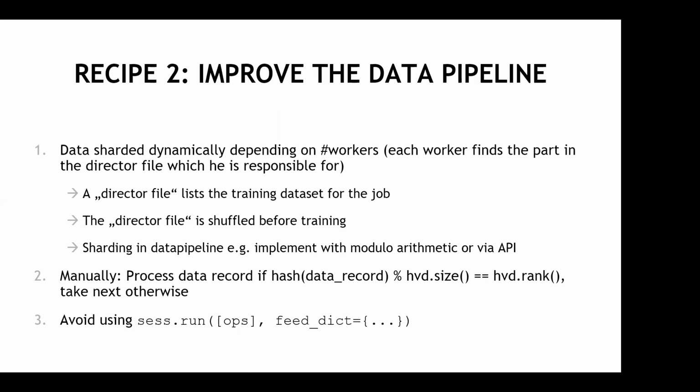One of the most common schemes is that this is happening in a round robin manner, for example, with a simple modulo calculation. Another best practice is that you use what we call a director file. Let's say this is a list of frames you're going to load, and then it's easier to do the shuffling on the director file, which is, think about it as a pointer list, so to say, rather than shuffling a big data set.